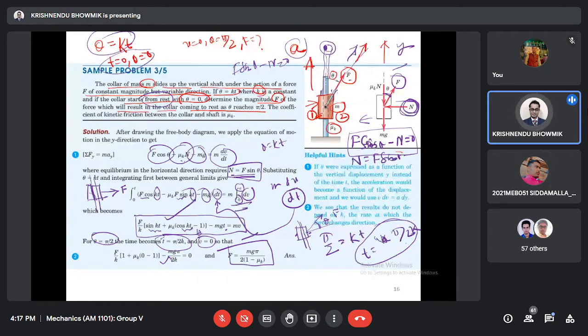Based on this theta value, when theta equal to 0 and we are pulling this, there will be contact here. So on this, this will be the reactions.